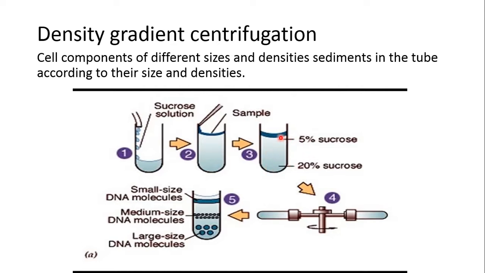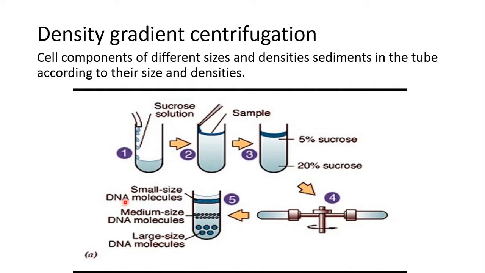For example, here is a 5% solution, here is a 20% solution, and here is a 15% solution layer present in this tube, and also our sample. Then we will put these tubes into our centrifuge machine, and when the machine runs, under centrifugal force the whole contents, meaning our sample, will settle down in this tube.